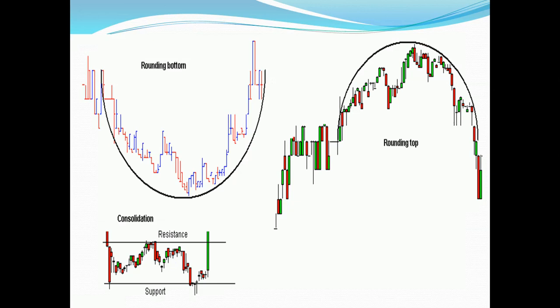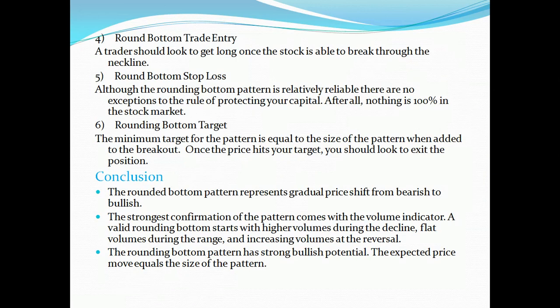The next is rounding bottom trade entry. A trader should look to get in once the stock is stable and breaks through the neckline. Rounding bottom stop loss. Although the rounding bottom pattern is relatively reliable, there are no exceptions to the rule of protecting your capital.